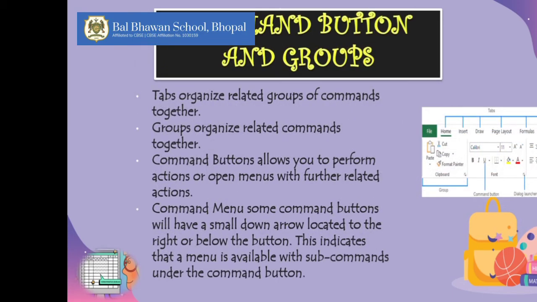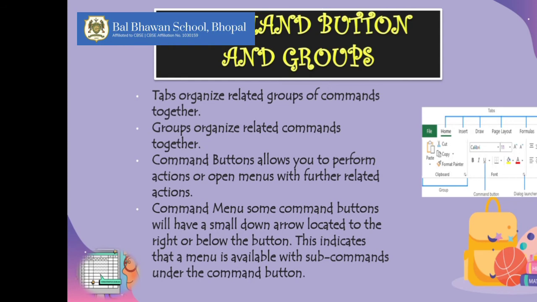Command buttons and groups. If you notice, there are a few groups like clipboard, font, paragraph, etc. under your ribbon area. Tabs organize related groups of commands together. Groups organize related commands together.